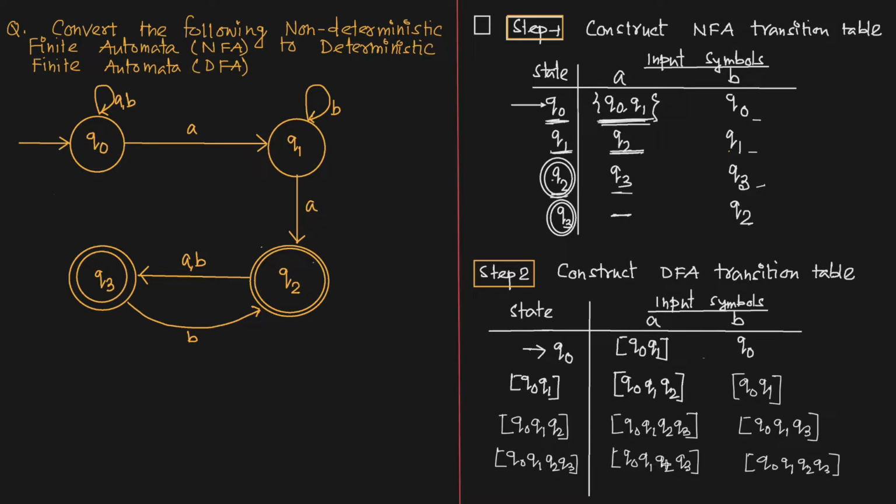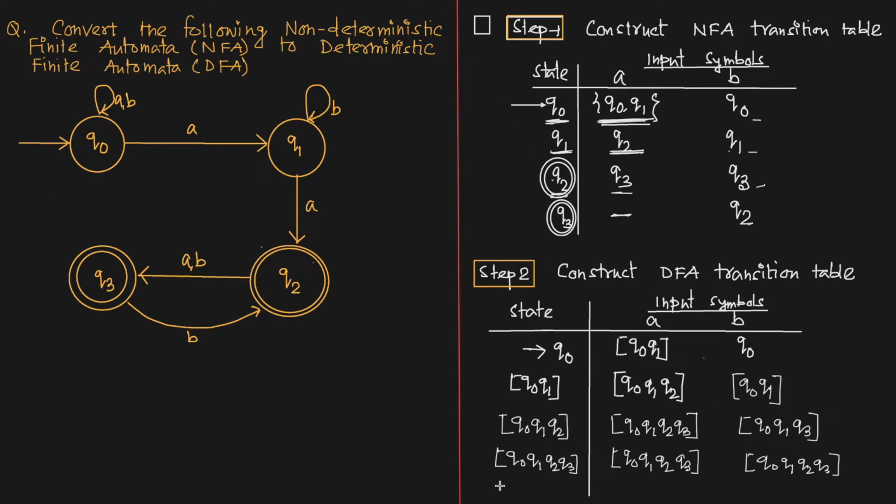Q0, Q1, Q2, Q3 is already present, but Q0, Q1, Q3 is not present here. So this is a new state: Q0, Q1, Q3.